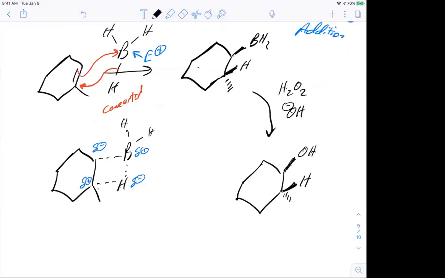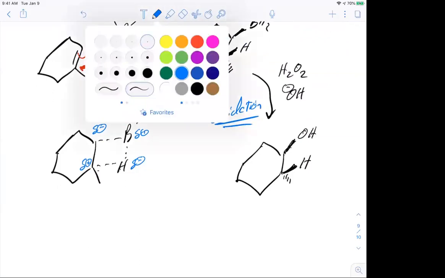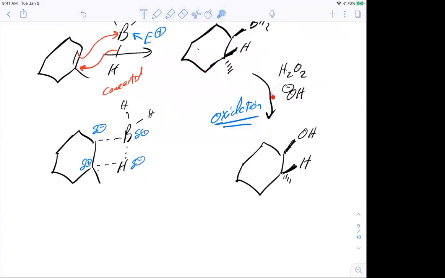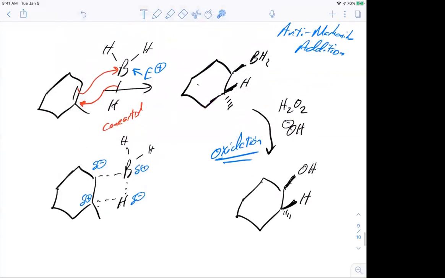Now, why is it important to know this is oxidation? Because what's happening here is not that the OH minus is coming in doing a substitution. This is not displacing that. What I'm doing is taking the boron and actually oxidizing the boron and this group. So instead of having an electrophilic group, I'm having an oxygen there.